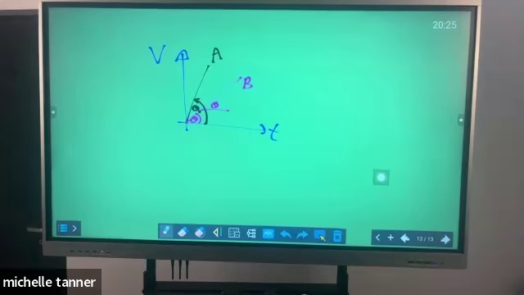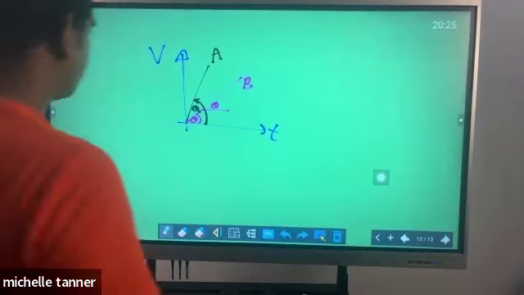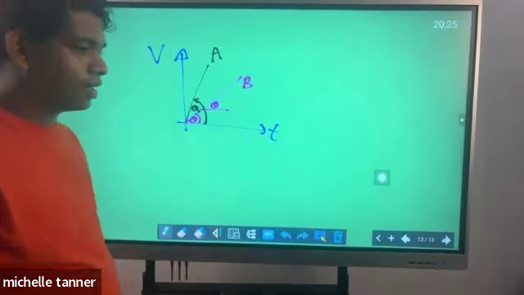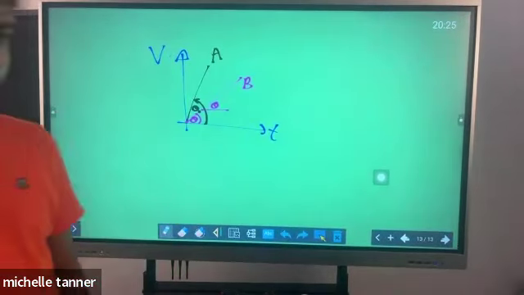Gradient is high in the A graph. Therefore, acceleration is high in the A graph than B.